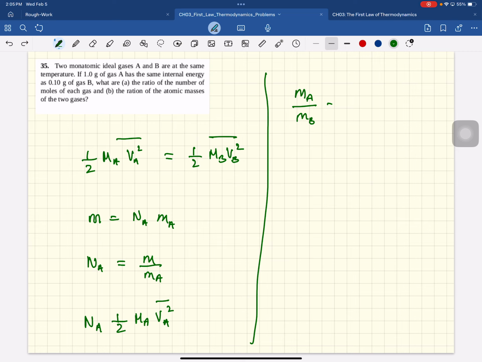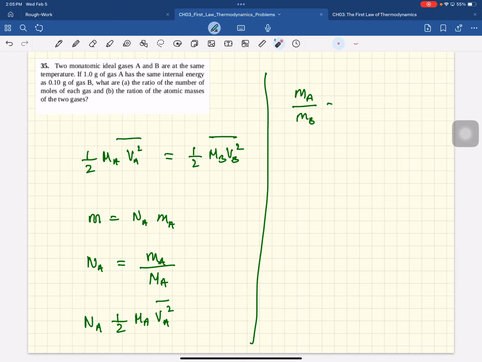That's the mass of one molecule. This mass divided by the mass of a single molecule gives you the number of molecules.